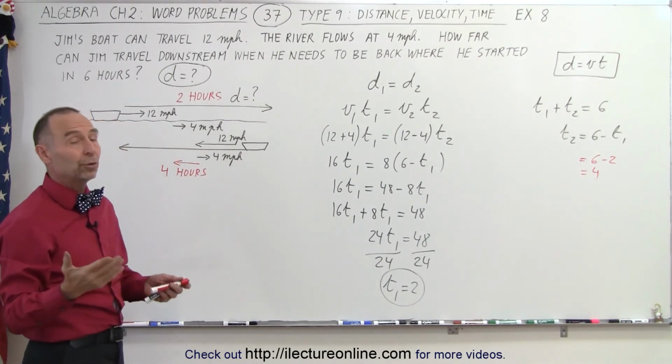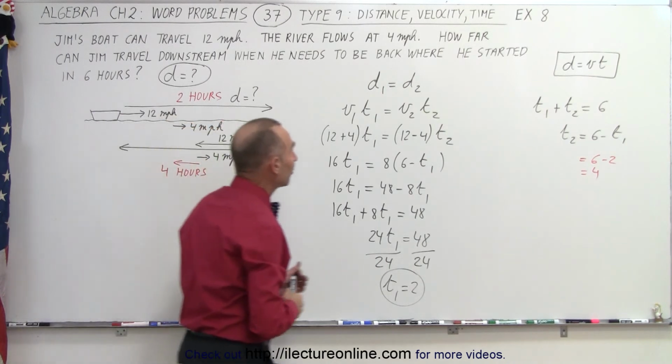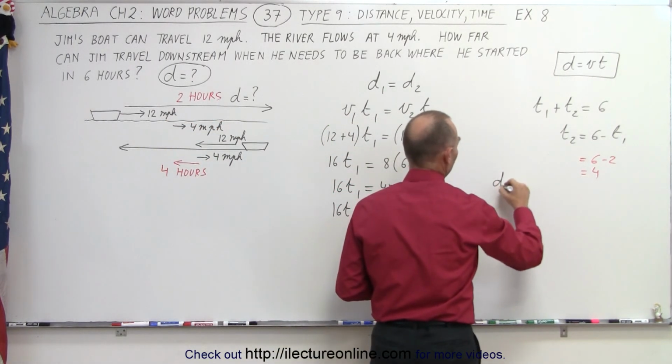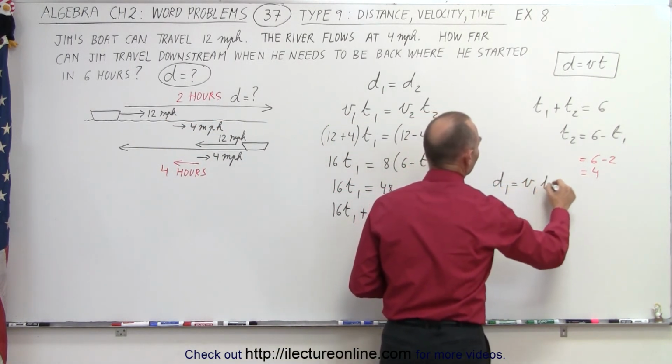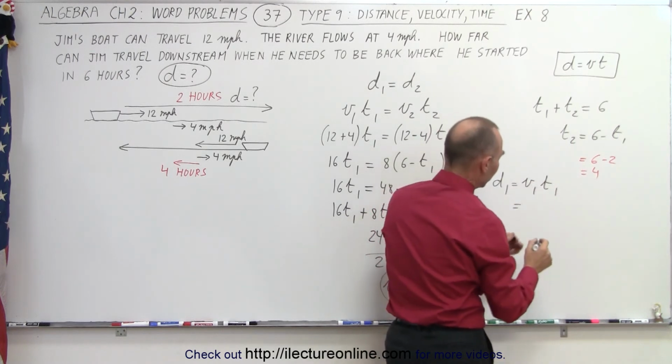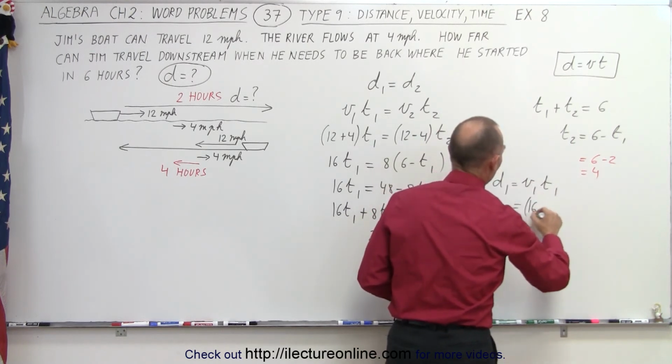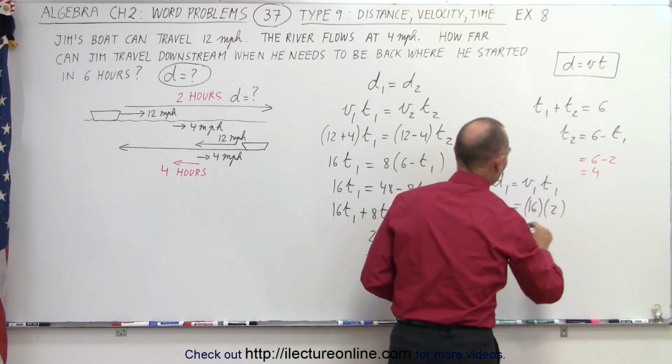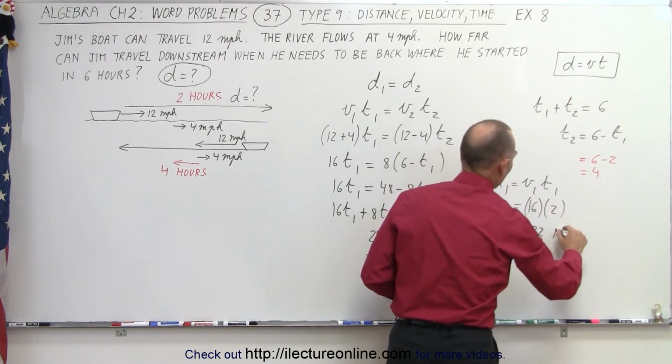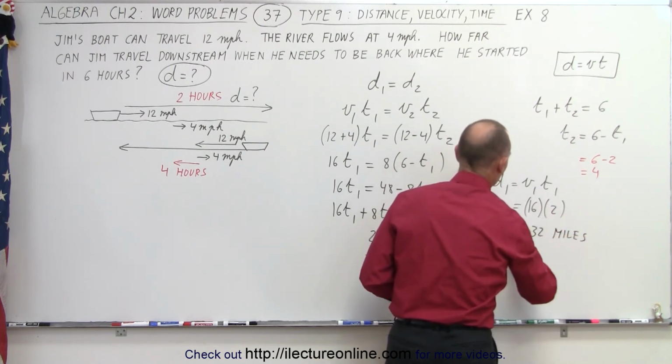And now that we need to know the distance, we can then say that distance 1 is equal to velocity 1 times t1. The velocity going with stream is 16 miles per hour. t1 is 2 hours, so that's 32 miles total for distance 1.